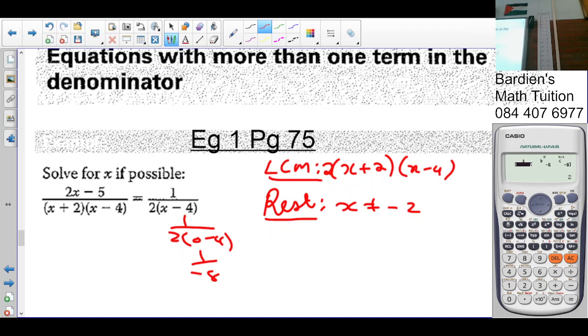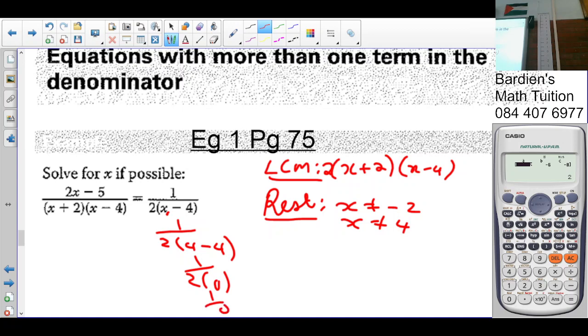The denominator can't be 0. So if you look at this here, what's the value for x that will give you an answer of 0? Something minus 4 is 0. 4. So x can't be equal to 4. Because if I put 4 in here, that's 1 over 2 times 0, which is 1 over 0. That is undefined.